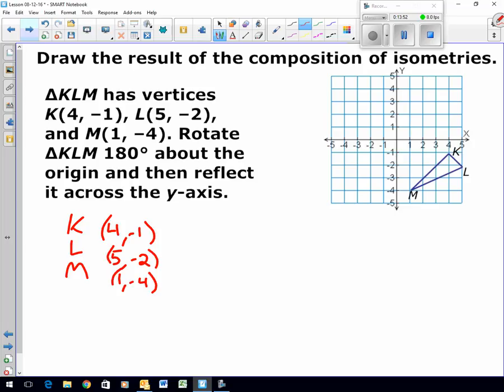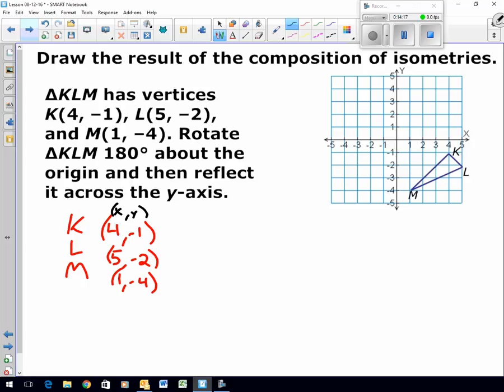I take each of these (x, y) points. Tyler, was it you? What do I do with each of those? It'll be the second quadrant, but what do I do with each of these? Take the opposite. I don't have to flip the order. I just take the opposite.